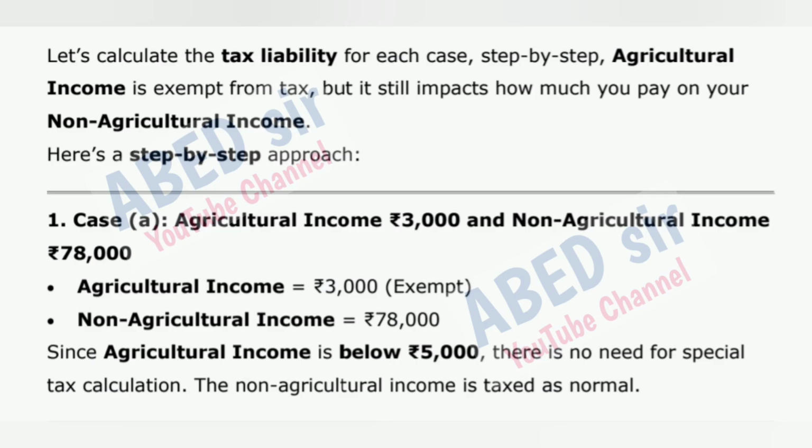Agricultural income is equal to 3,000 rupees, exempt. Non-agricultural income is equal to 78,000 rupees. Since agricultural income is below 5,000 rupees, there is no need for special tax calculation. The non-agricultural income is taxed as normal.